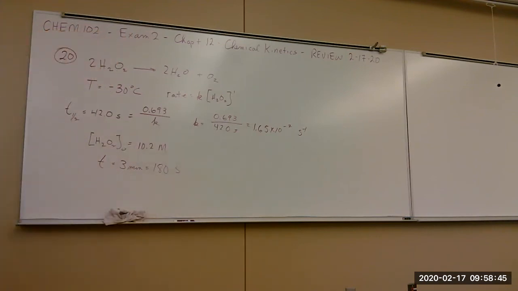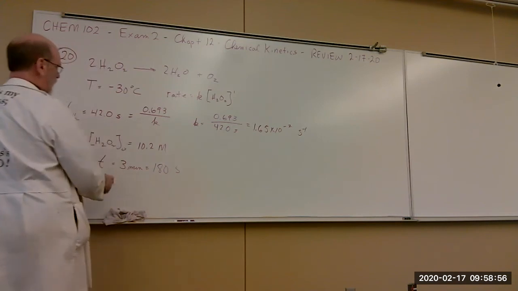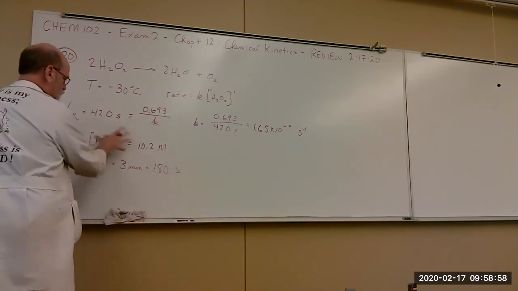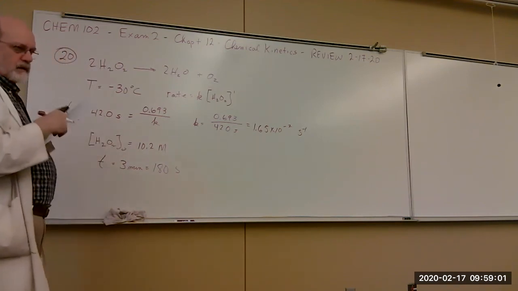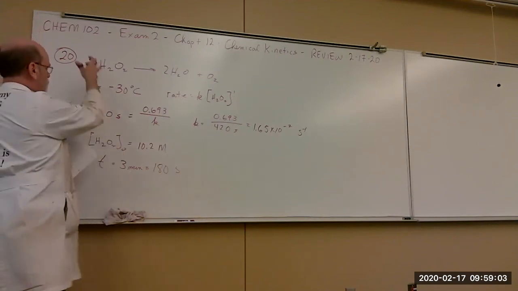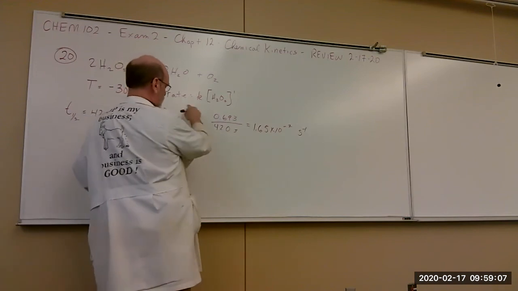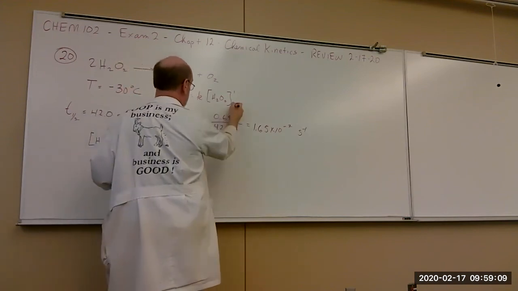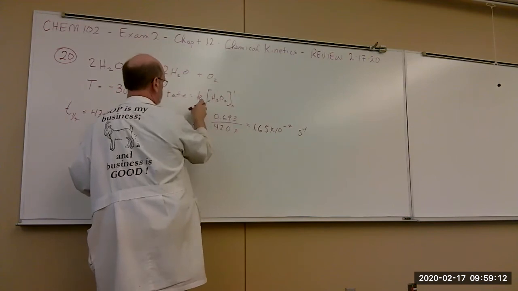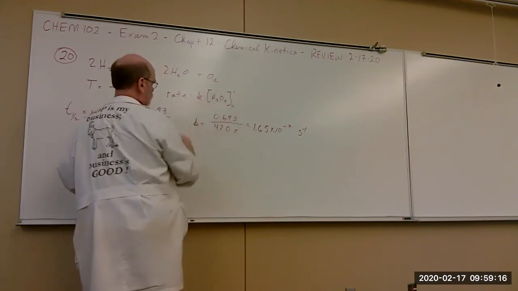So let's see, what's my next step? We need a formula that's going to incorporate time and concentration. So we need the integrated version of the rate law. This won't tell us anything because that's our starting point, and we know the k, and all we can tell from this is the rate.